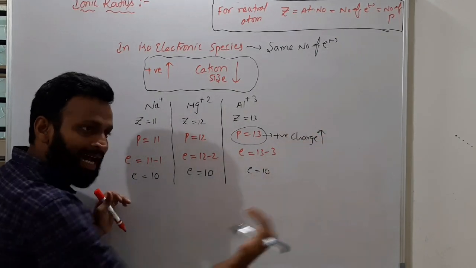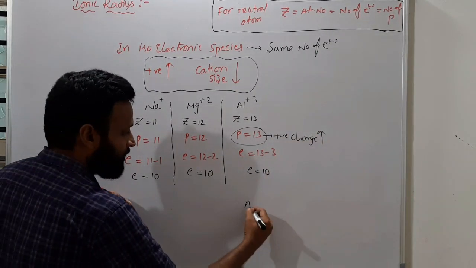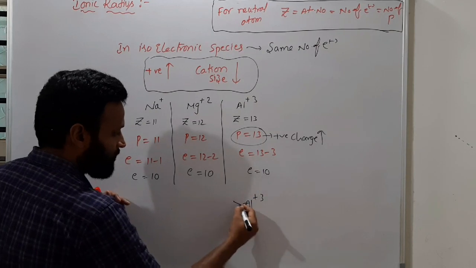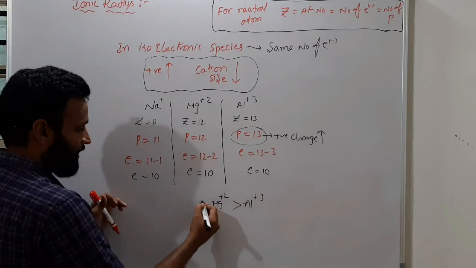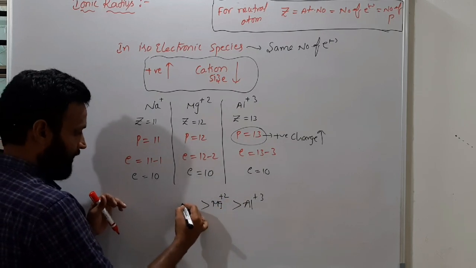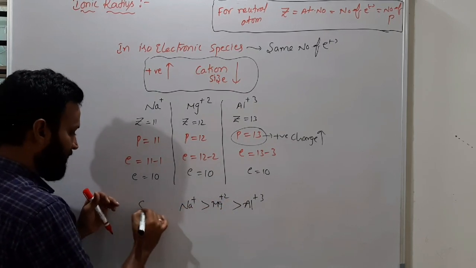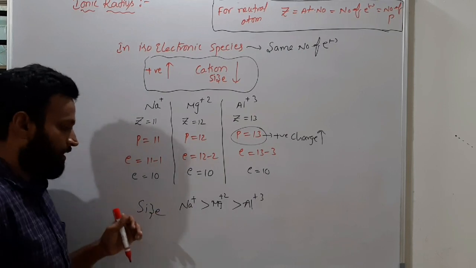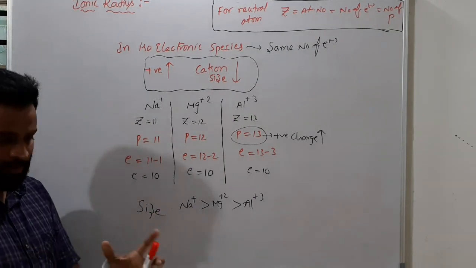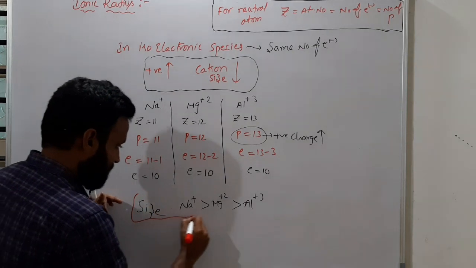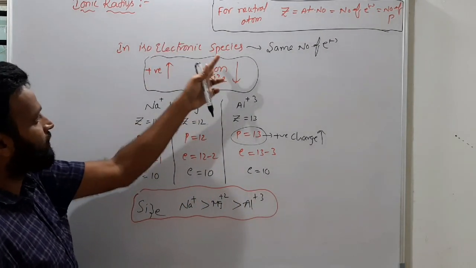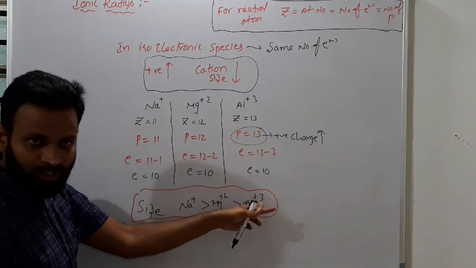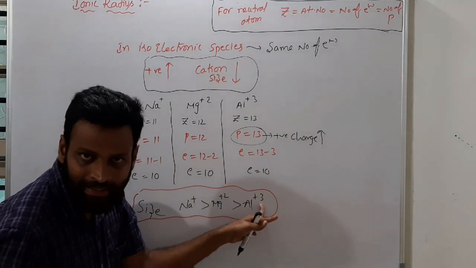Positive charge is more, attraction is more. So what happens to size? It decreases. So Al3+ has a smaller radius than Mg2+, than this Na+. Na+ has more size. I am talking about size, otherwise ionic radius. So this is about ionic radius. What I told you: positive charge increases, cation size decreases. Positive charge is more for aluminum, plus 3.